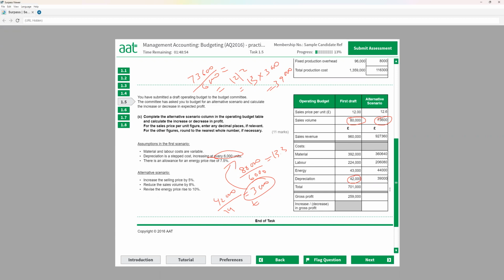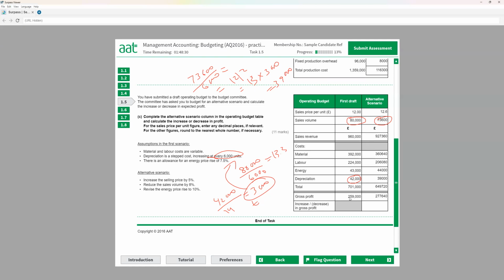All right, then we have a total. So the total is 649,720. Gross profit is the total cost taken from the revenue. So the difference is the gross profit, 277,640. Increase and decrease in the gross profit.